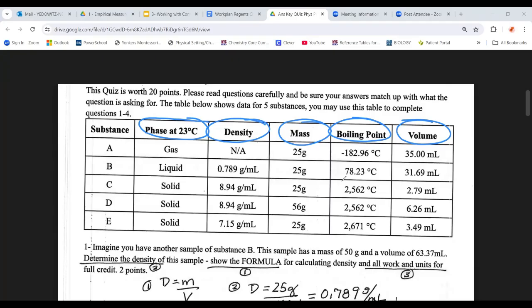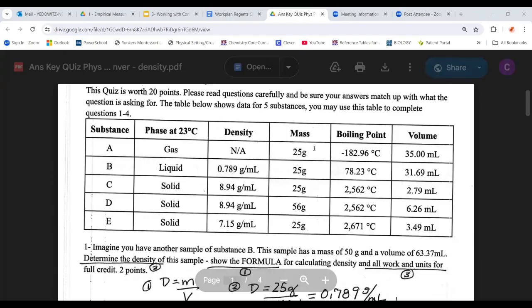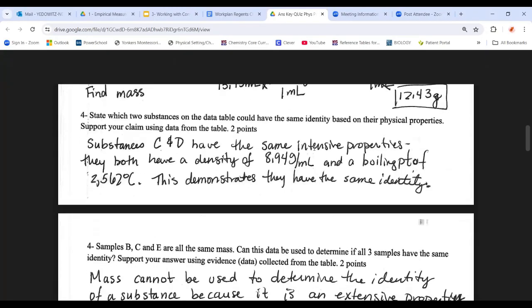And so these physical properties are all characteristics of substances I can measure. Measuring those properties allows me to make well-reasoned arguments for why I think a substance is the substance I say it is, right? So intensive properties and extensive properties are measurable physical properties.